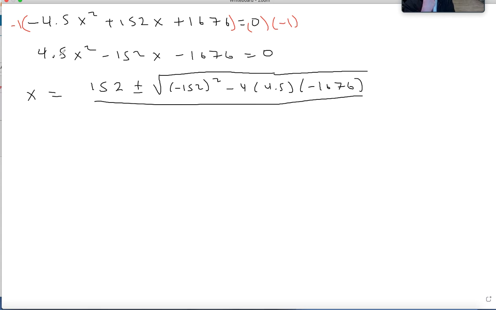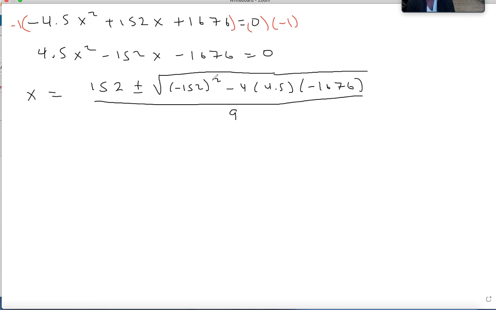Now I have 2 times 4.5, so that's 9, and I don't have that negative down there, which would just give me 2 extra signs to mess up. So for me, I prefer to clear that negative out of the leading term.